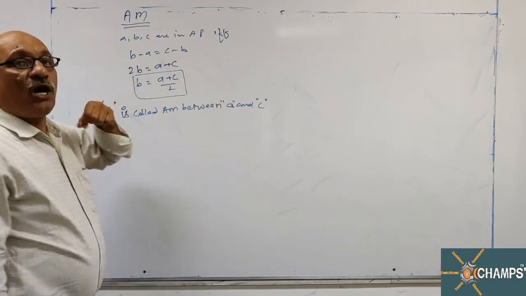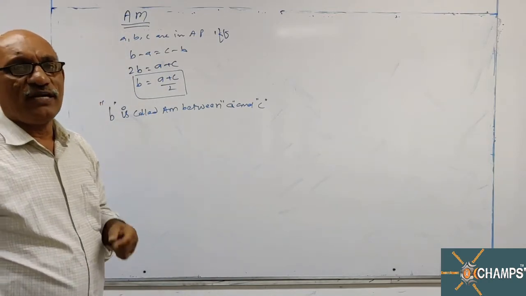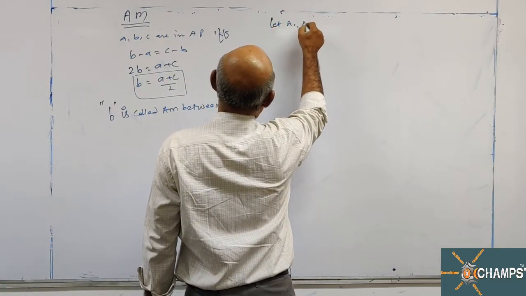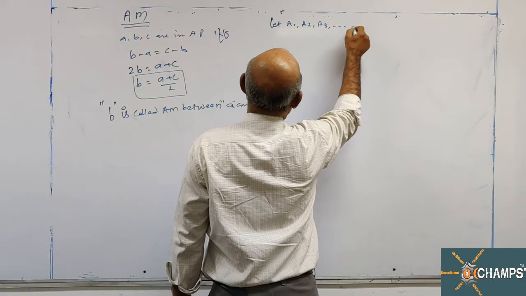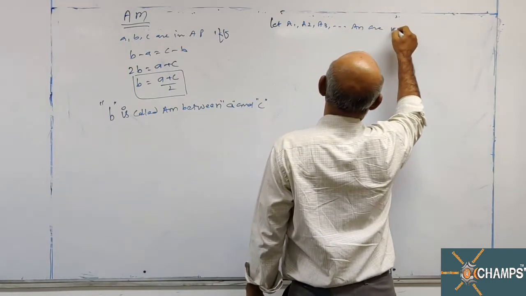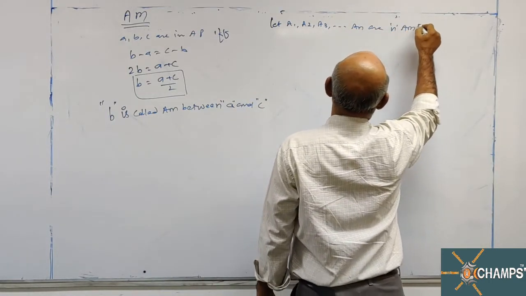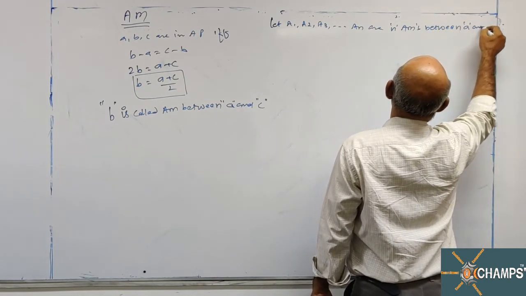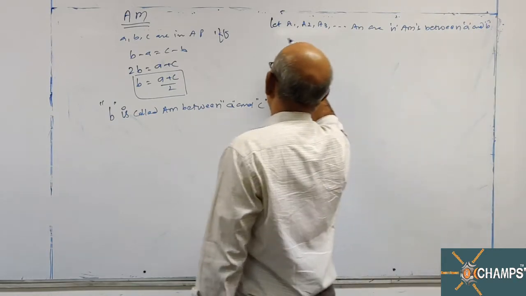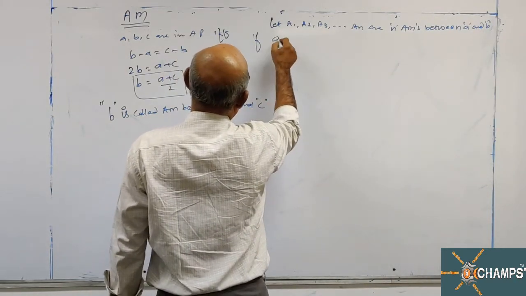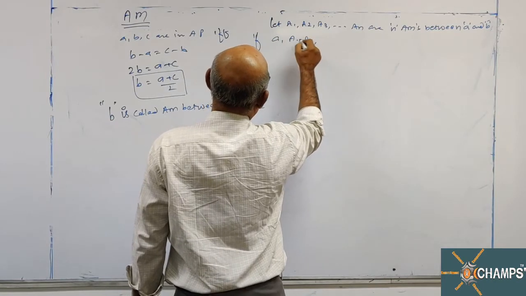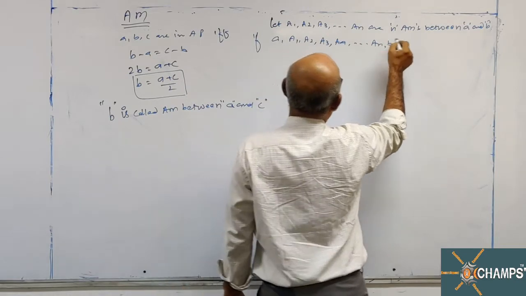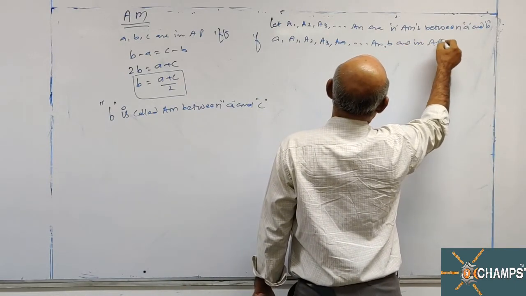Suppose I have more than one value between the given two numbers. Let us see. Let A1, A2, A3, etc., An be n arithmetic means between A and B, if A, A1, A2, A3, A4, etc., An, B are in arithmetic progression.